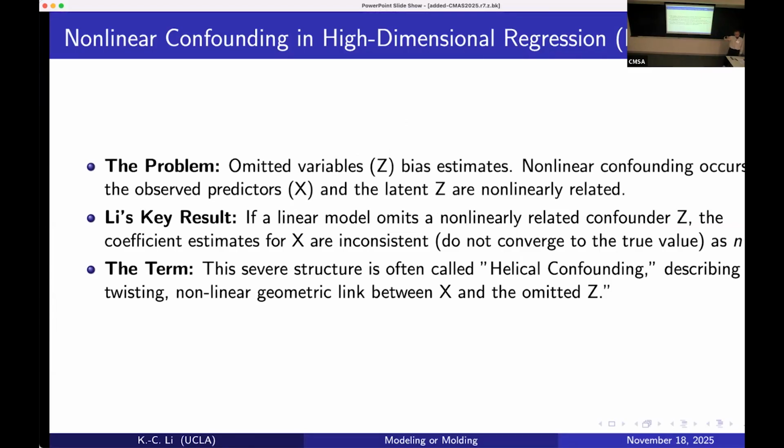Then you can find that second direction spinning around. So it's an easy fix. This is what I call helical confounding. It's a kind of nonlinear confounding between the variables, which has been ignored for a long, long time, and maybe even up to now.